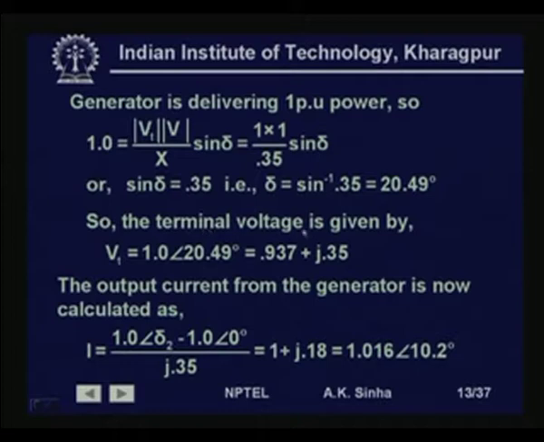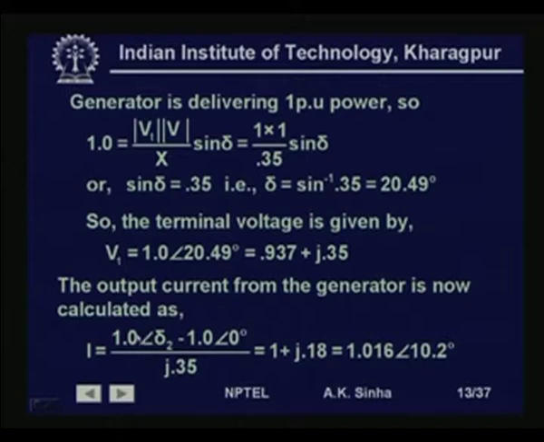Now, the terminal voltage is given by Vt equal to 1 angle 20.49 degrees, which is 0.937 plus j 0.35 in rectangular coordinates. Now, we need to find the current flowing from the generator terminals to the infinite bus.